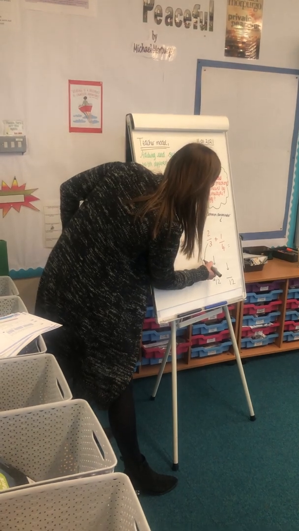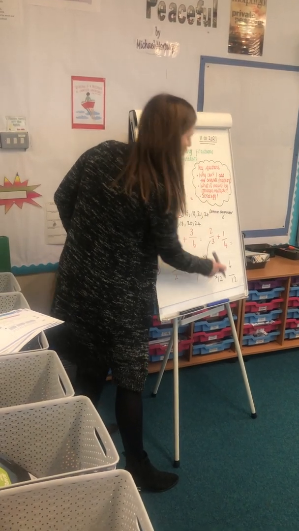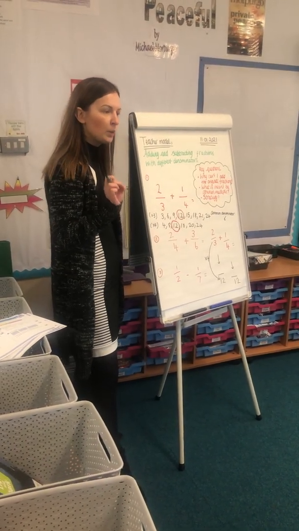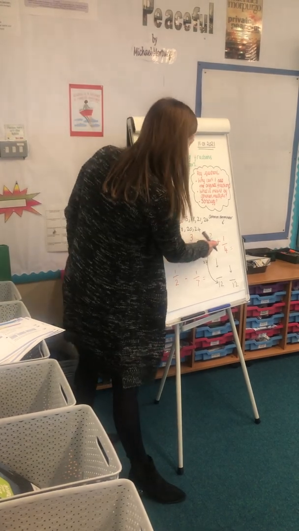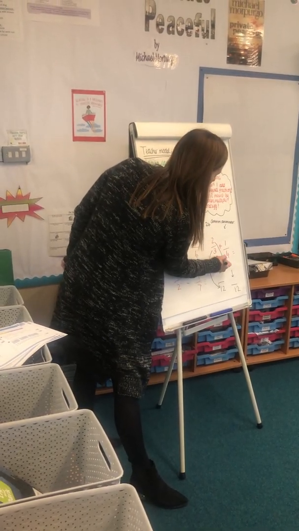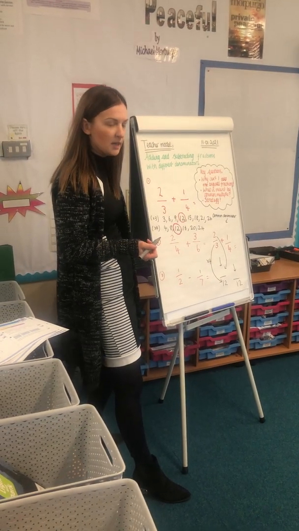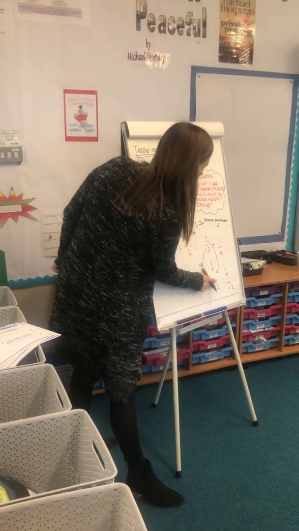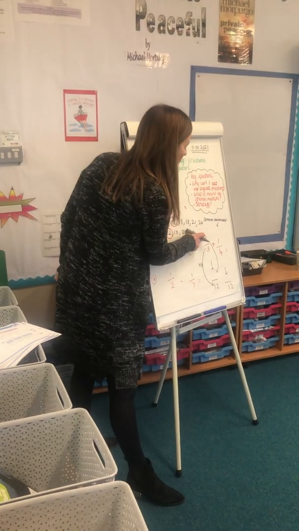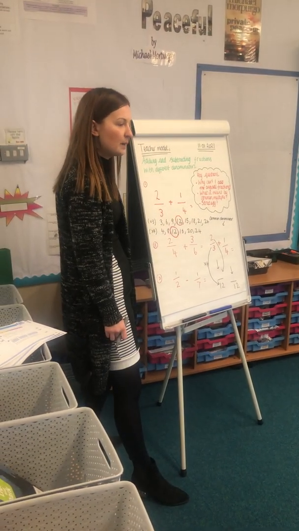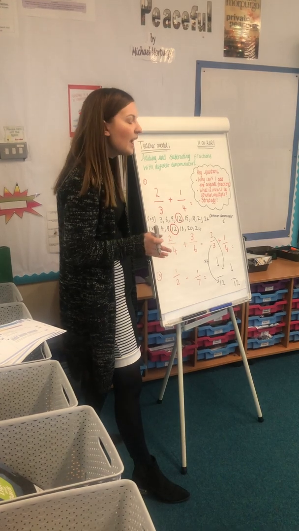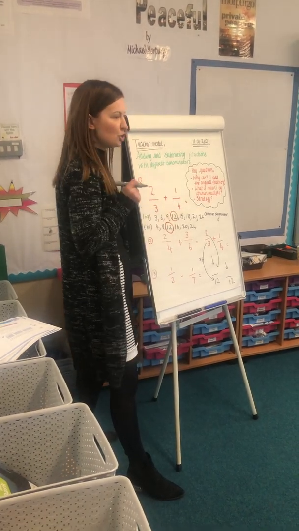So 3 times 4 gives me 12. Now we know that with fractions, whatever I do to the denominator, I must do to my numerator. Okay? So if I times 3 by 4 to get 12, what have I got to multiply my 2 by? We've got to be fair with the denominator and the numerator.